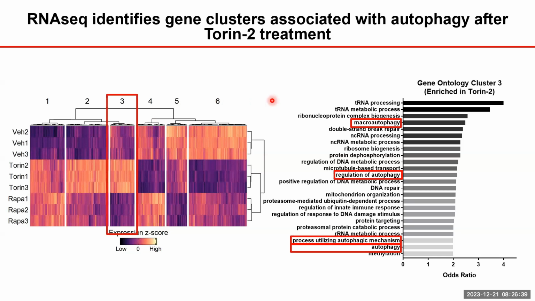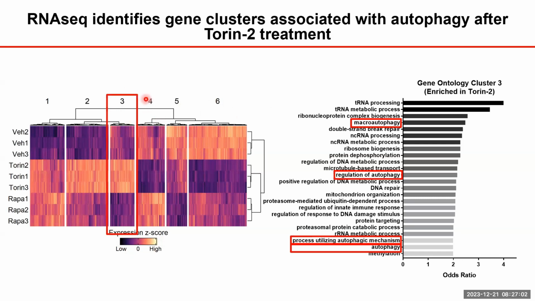When we clustered it to about 6 different clusters, what we observed was that cluster number 3 had a set of genes that were uniquely upregulated after TORIN2 treatment, and cluster 4 had a set of genes that was uniquely downregulated in TORIN2-treated cells.